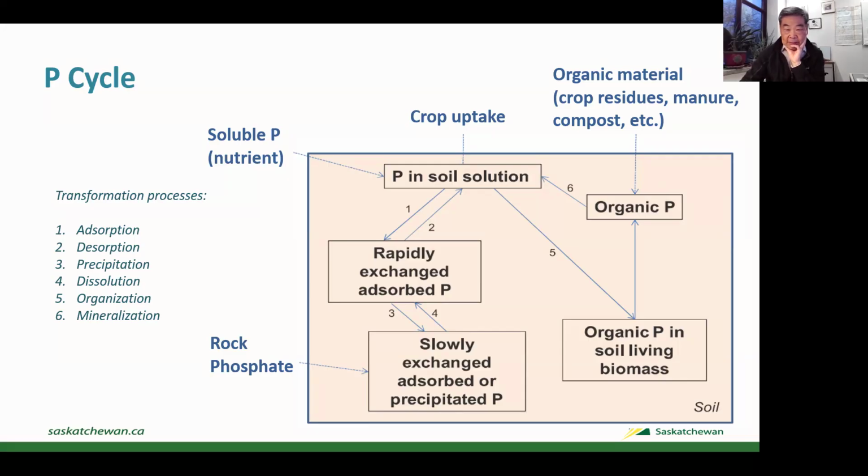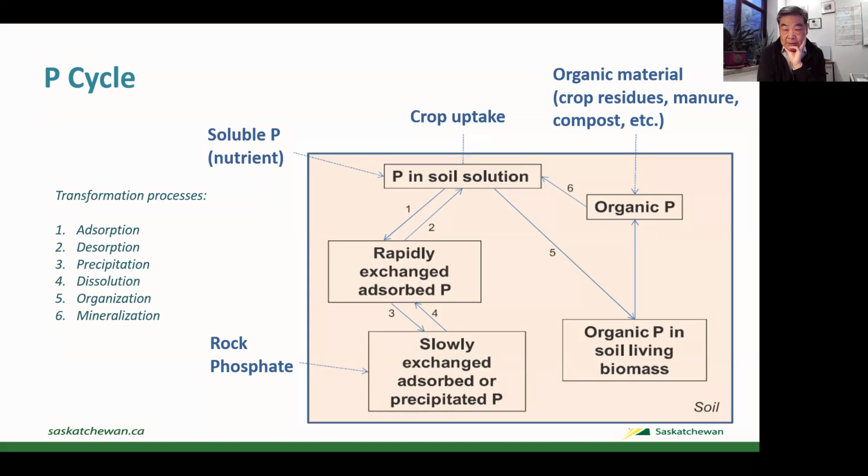And when we're talking about P pools, we need to look at the big cycles, like P cycling in the water and in the soils. The first cycle is the organic P cycle.